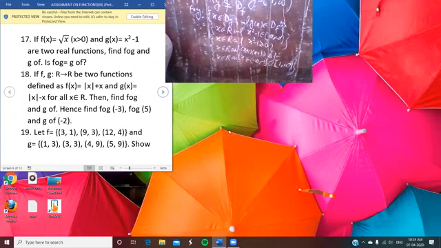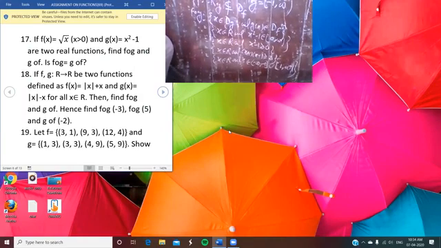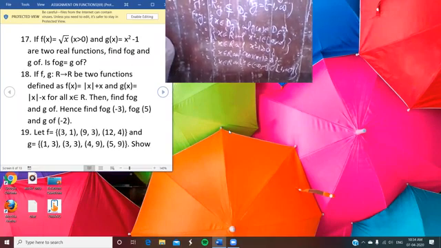In this way, you can decide the domain of fog. Now let us check whether the domain of fog is really obtained this way.